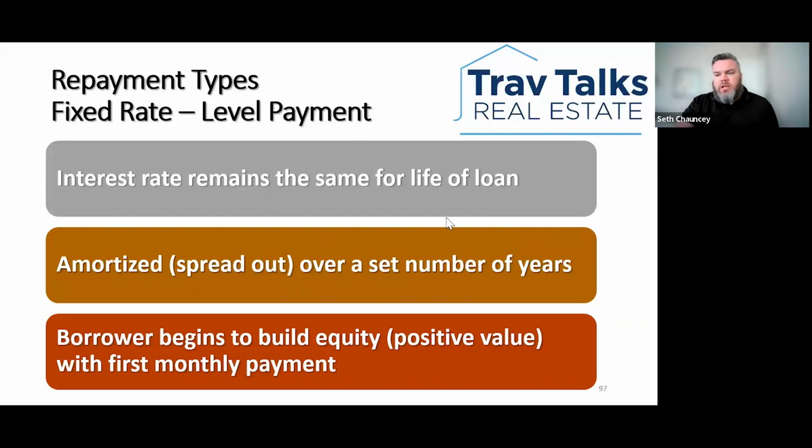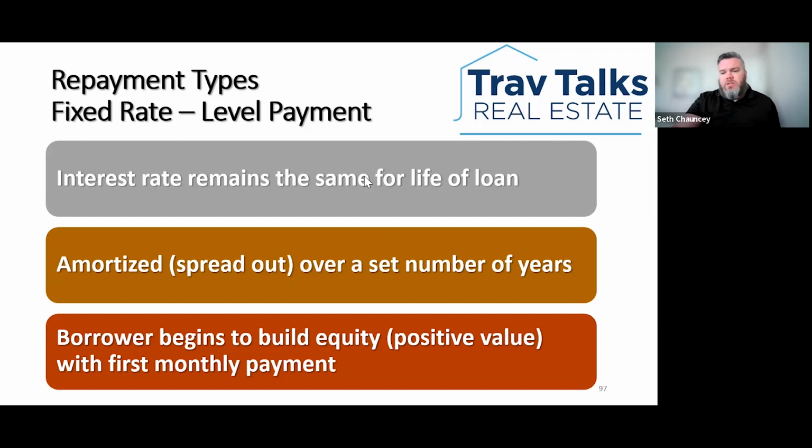But there are adjustable rate mortgages as well, which may make a little bit of a comeback because of the ability to get a lower introductory rate, but they're not super common yet. So when we say fixed rate, that's all I mean. The interest rate is fixed.